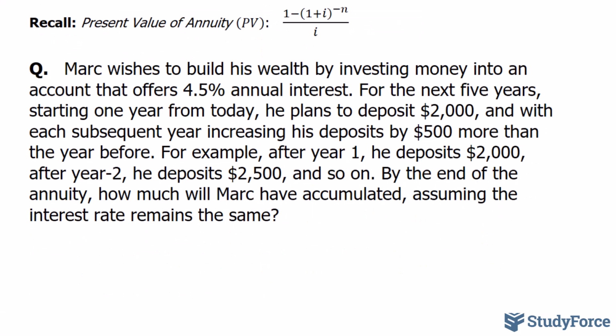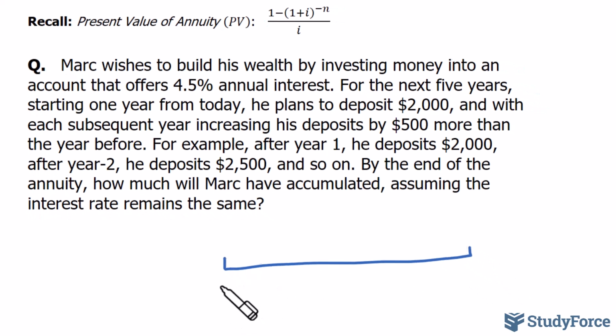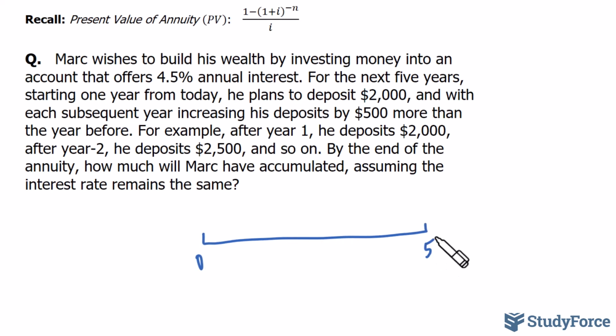Let's take a look at what this looks like on a timeline. We'll say that this is today, and that's the end of year 5. And in between, we have the end of year 1, the end of year 2, the end of year 3, and the end of year 4.